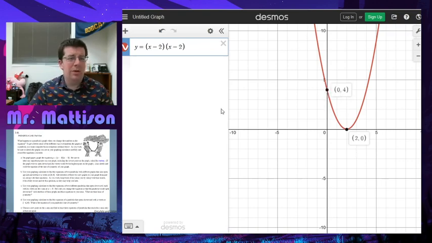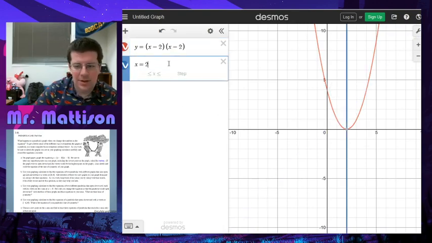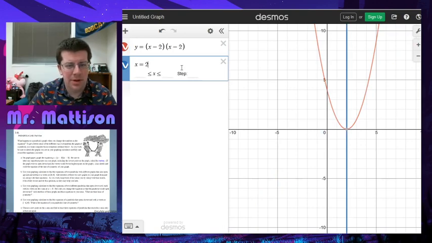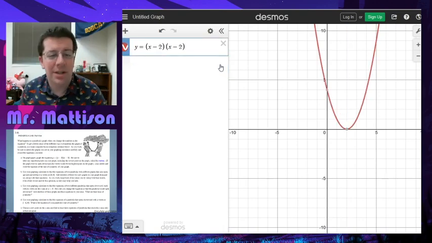It asks you where the axis of symmetry would be. I'm not going to be a huge stickler on that because it's fairly obvious. As long as you can point out that it's right there, at x equals 2, that would be our axis of symmetry for the parabola. It's important, but not necessarily as much for what we're going to be doing today, so I'm not going to stress those as much.